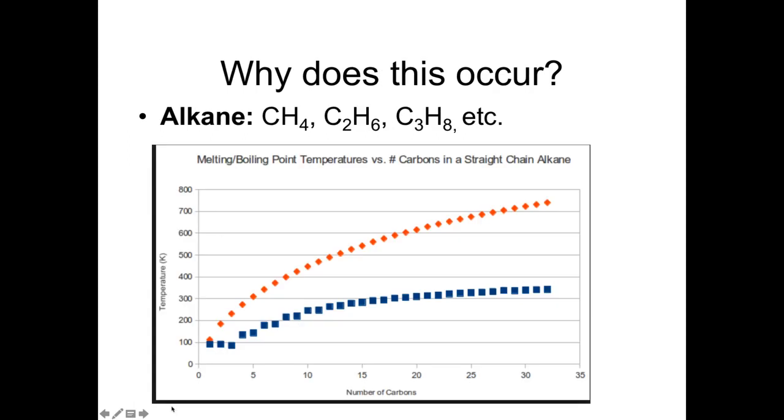So this chart here is another example showing this. What happens is we're looking at the number of carbons that an item has, and then the boiling point or melting point that it takes.